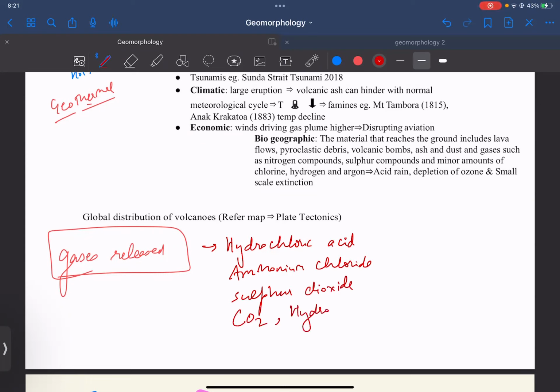Hydrogen, nitrogen, then hydrogen sulfide, then carbon monoxide. So these are the gases which are released, right? You have to remember these.